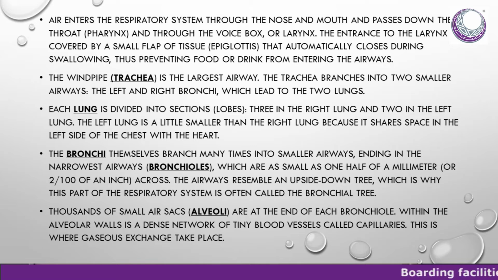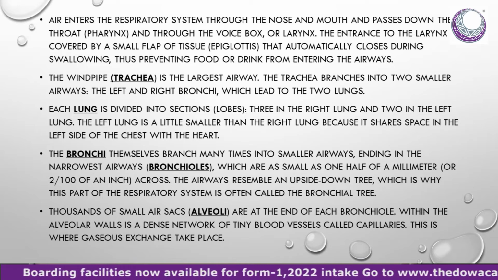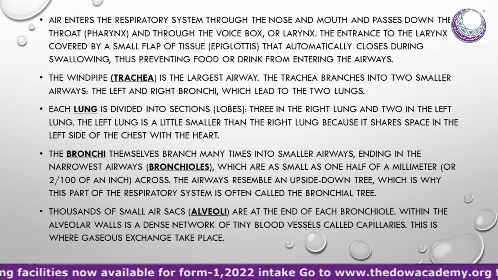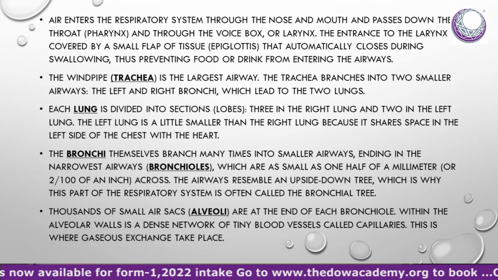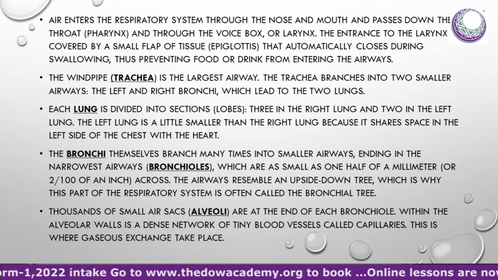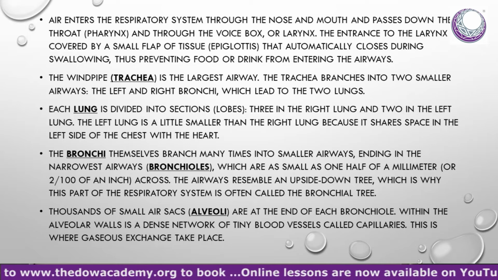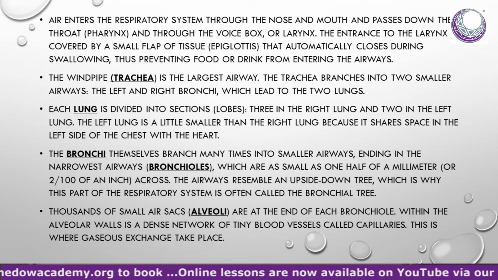Now, the bronchi themselves divide many times into smaller airways. As they branch, they go into little networks which are called the bronchioles, which are as small as 1/2 of a millimeter. The airways can resemble an upside-down tree, which is why this part of the respiratory system is often called the bronchial tree.